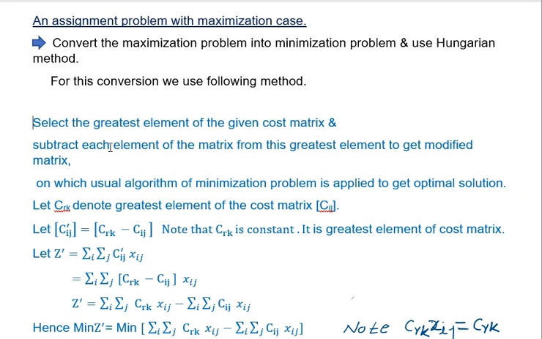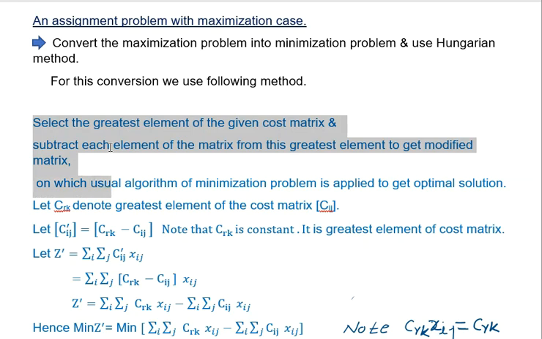Select the greatest element of the given cost matrix. We have to select the greatest element and subtract each element of the cost matrix from this greatest element to get a modified matrix.